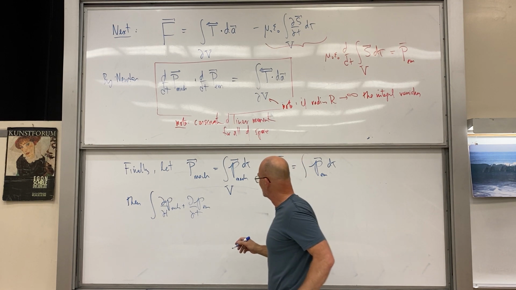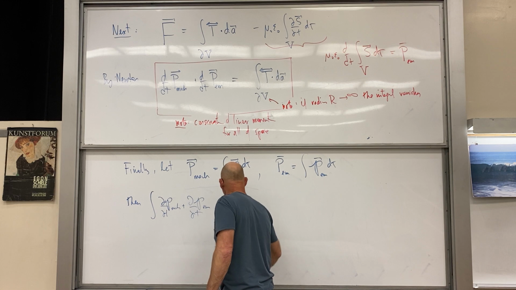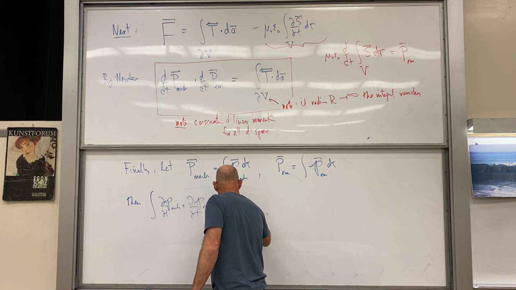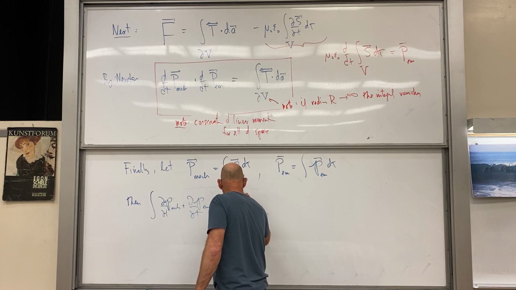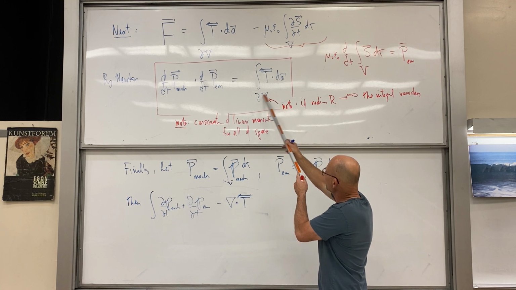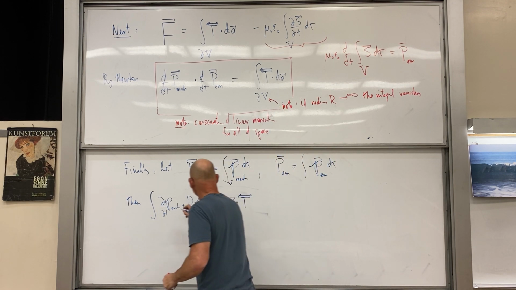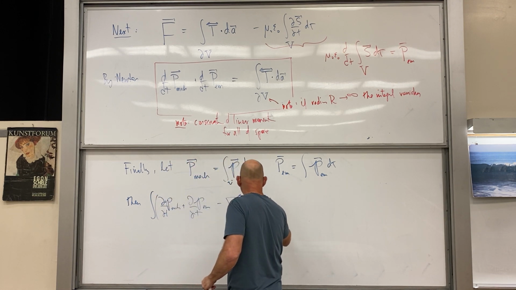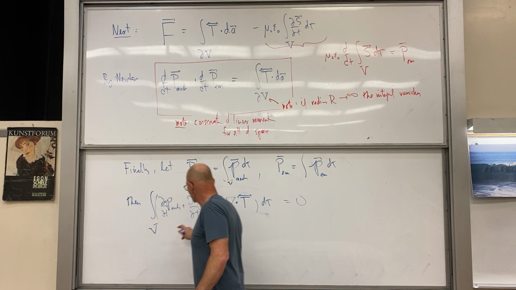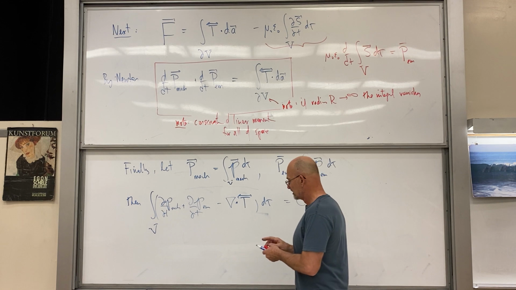minus divergence of T. Doing the Gauss's theorem again. Okay. Bring that to the other side. d tau is equal to 0, arbitrary volume, and so we then extract out what's inside here. Okay. We'll do it in red.